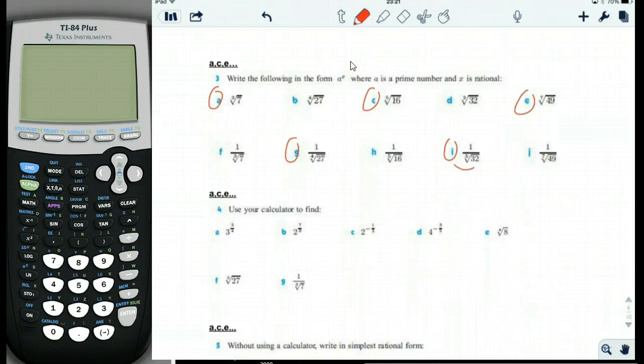Write the following in the form a to the x, where a is a prime number and x is rational. So 32 is basically 2 times 2 times 2 times 2 times 2, 5 times. So the only prime number in there is 2. We need to put 32 as a power of 2, which would be 2 to the 5th.